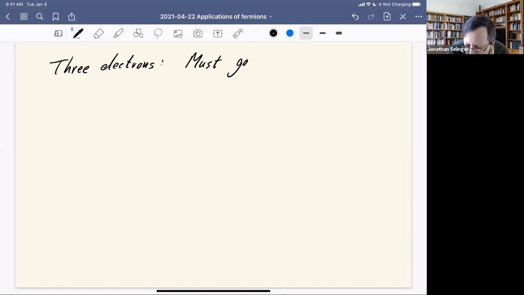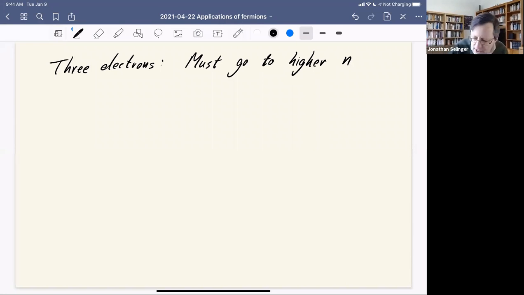We must go to a higher value of n. Okay, there cannot be a combination which is just in n equals 1.